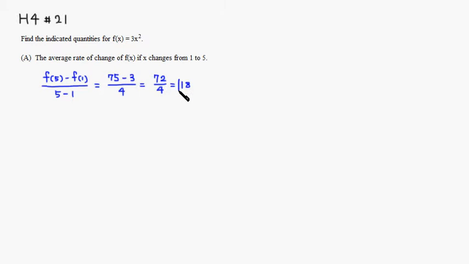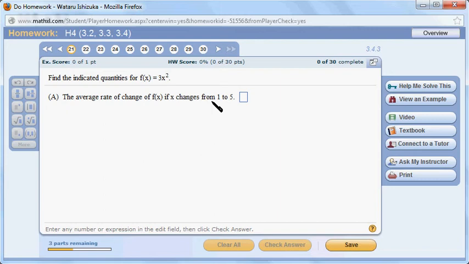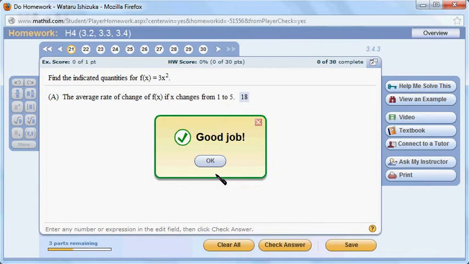So the average rate of change from 1 to 5 is 18. Let's type it in. So this is 18. Check the answer. We got that.